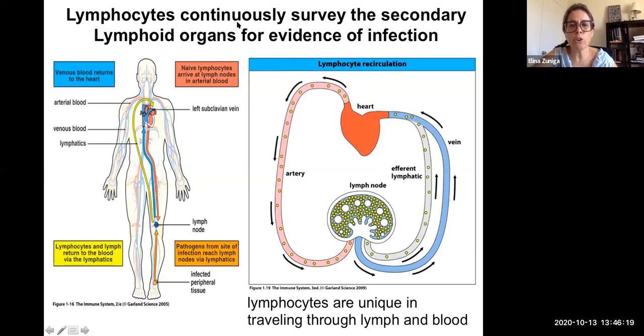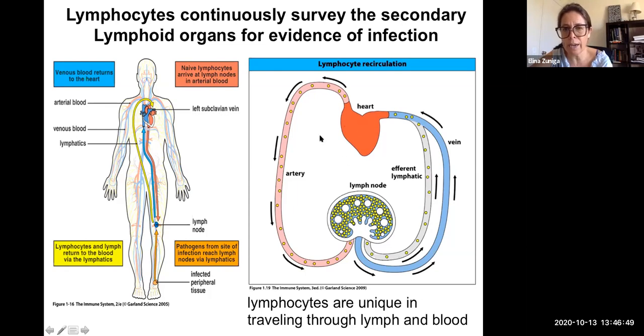So the lymphocytes continuously survey the secondary lymphoid organs in search of their specific antigens, okay? So as soon as the naive lymphocytes see the specific antigens, which could be a pathogen, it can be selected, clonally expanded, and become an effector lymphocyte that will now recognize and fight this pathogen.